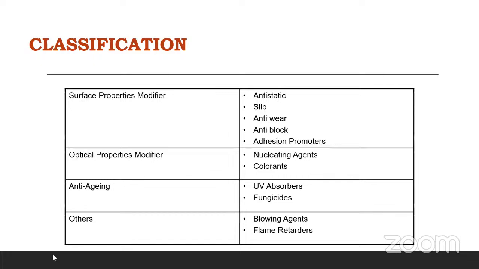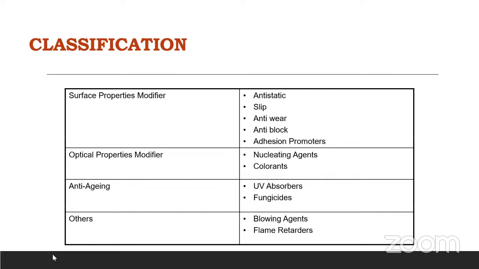Likewise, there are other plastic materials or polymers which need to stick to a metal surface or to another polymer surface. To enhance their adhesion properties, adhesion promoters are used.